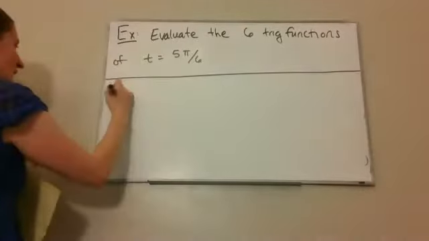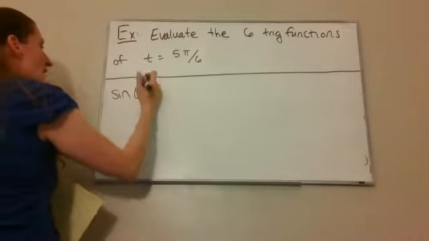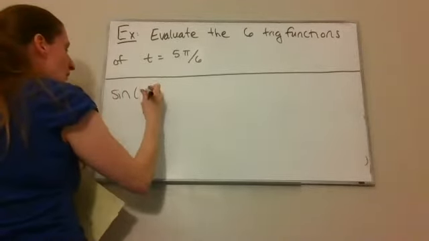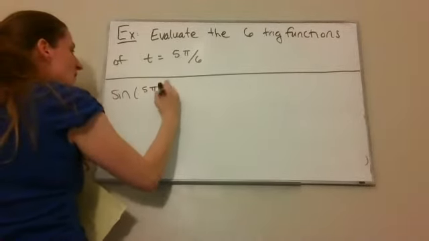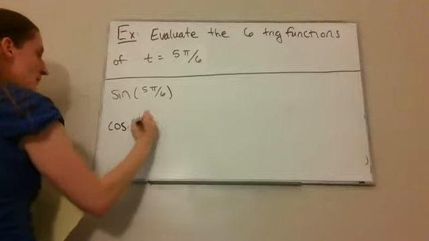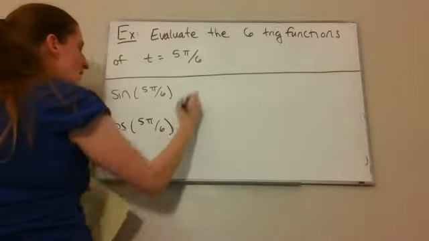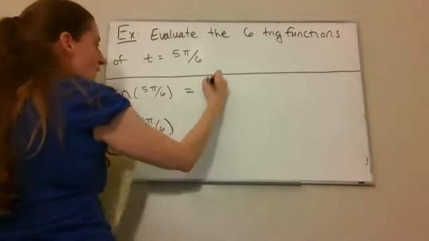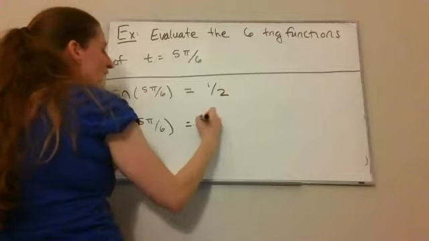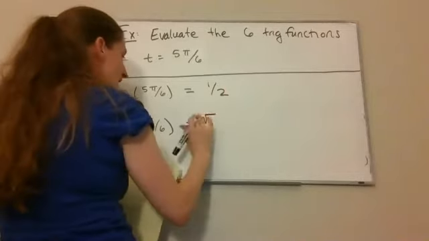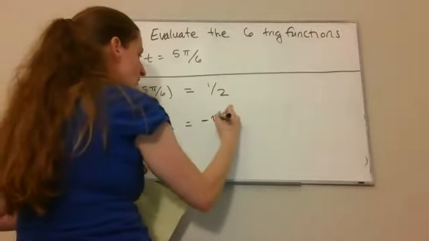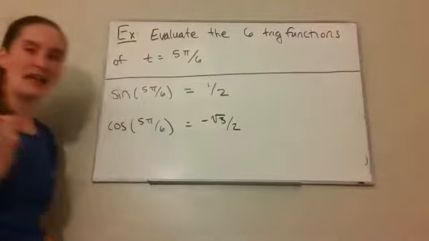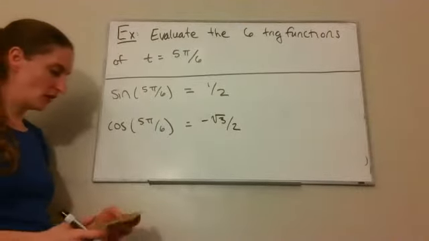Well, using my unit circle that we're supposed to get memorized, I can get sine and cosine. Sine of 5 pi over 6 is 1/2, and cosine of 5 pi over 6 is negative square root 3 over 2. Those were taken directly off of our unit circle.